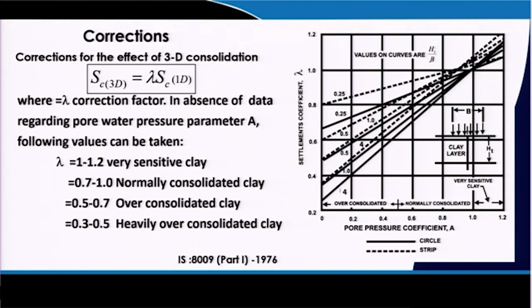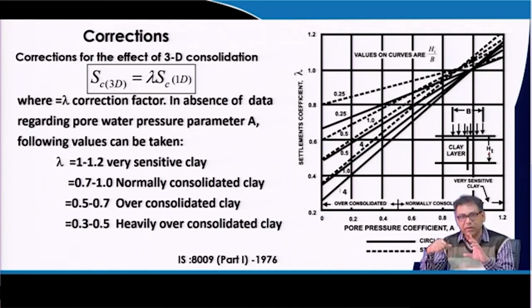The curves are values of HT by B. HT is the thickness of the layer below the foundation, that means the thickness of the total influence zone below the foundation, and B is the width of the foundation. The dotted line is for strip footing, and the firm line is for the circular footing.